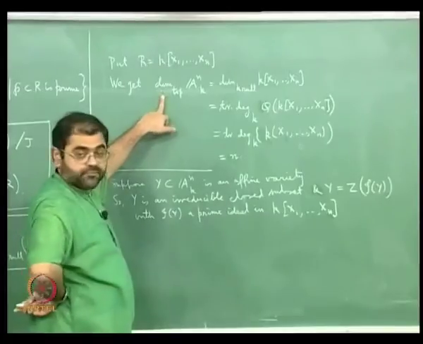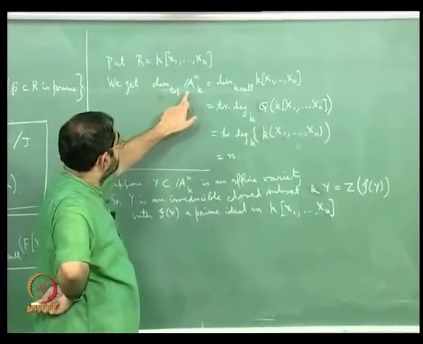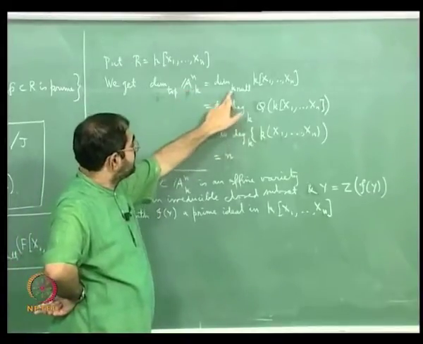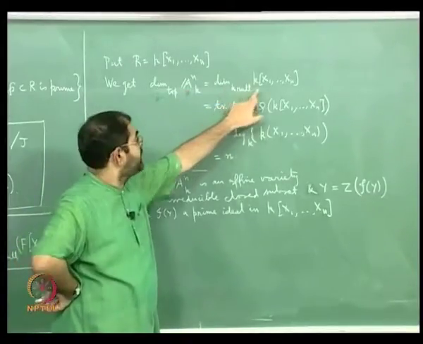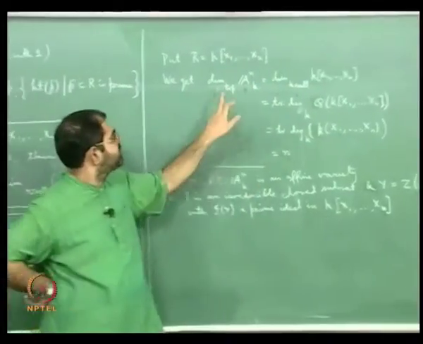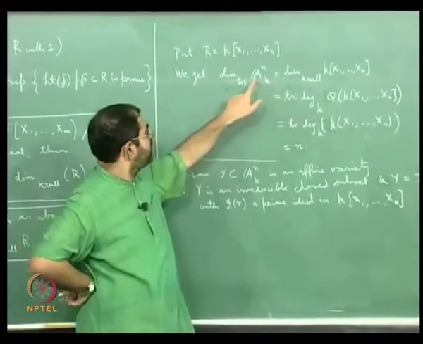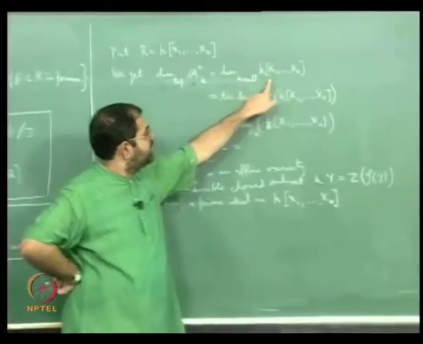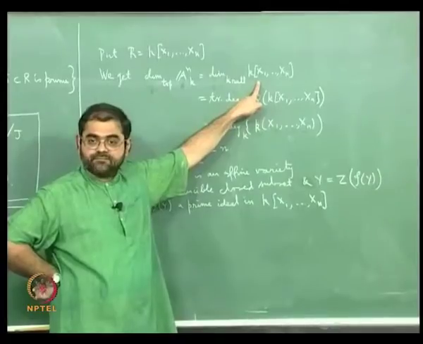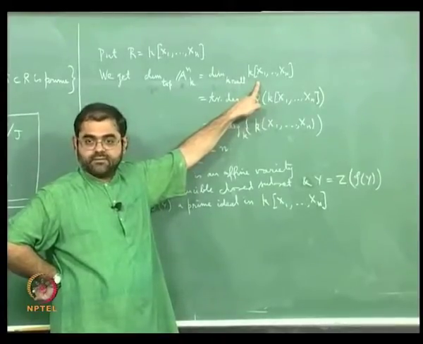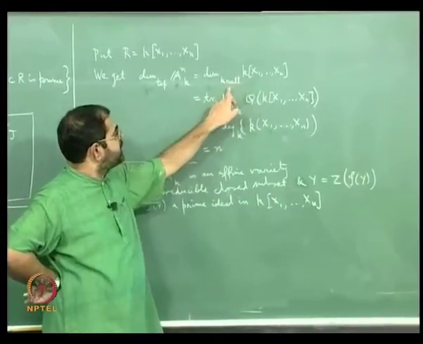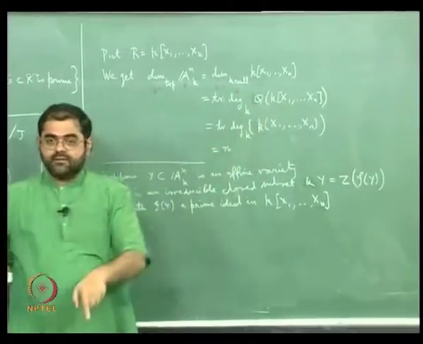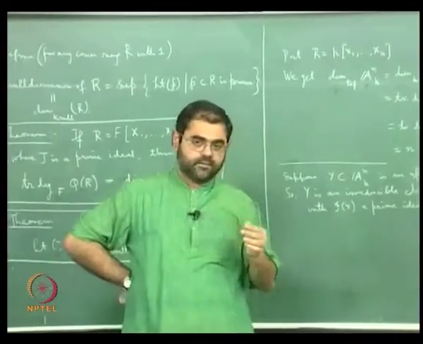What is happening here is the topological dimension of affine space is the Krull dimension of the ring of functions on affine space. That is what the first statement says. The topological dimension of affine space with respect to Zariski topology is the Krull dimension of the ring of functions on the affine space, and the Krull dimension of the ring of functions on the affine space is the transcendence degree of its quotient field over the base field, which is essentially this theorem.